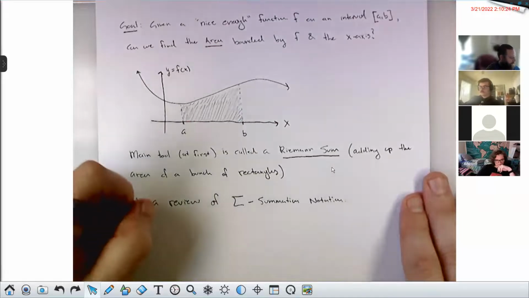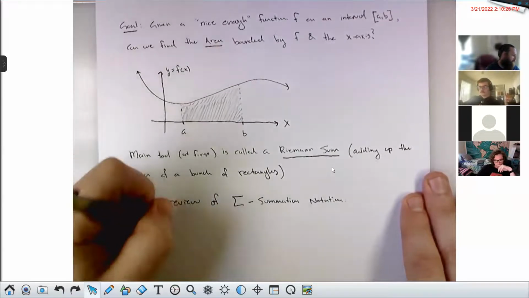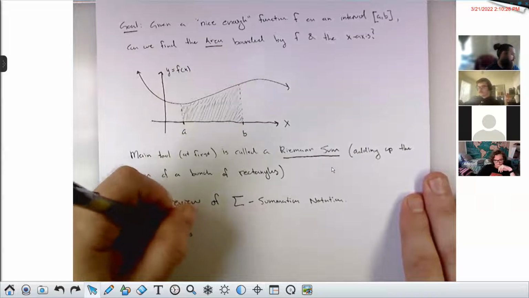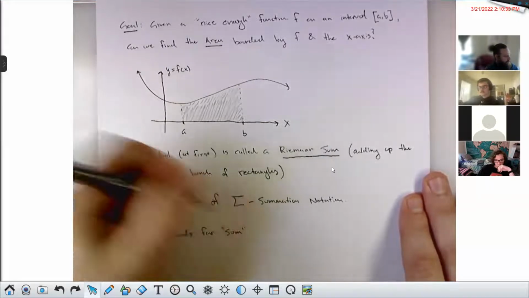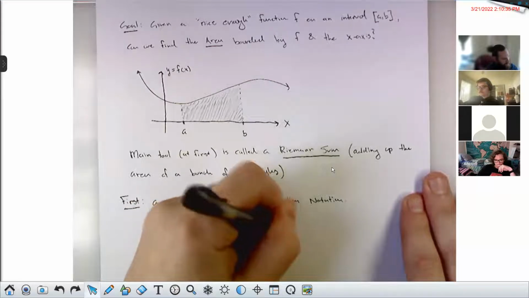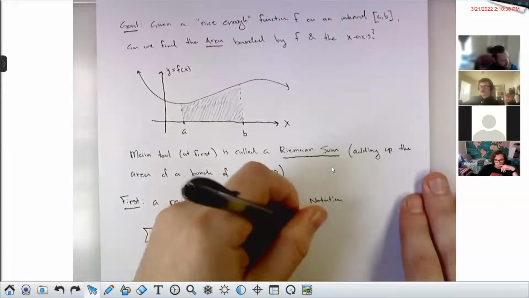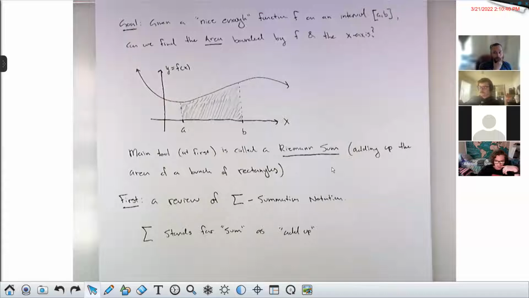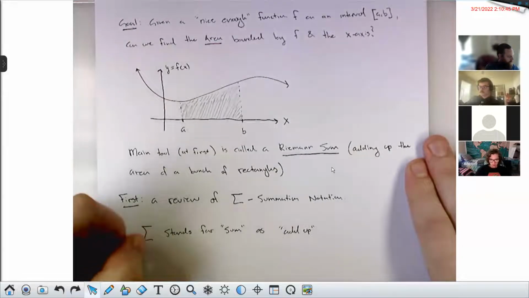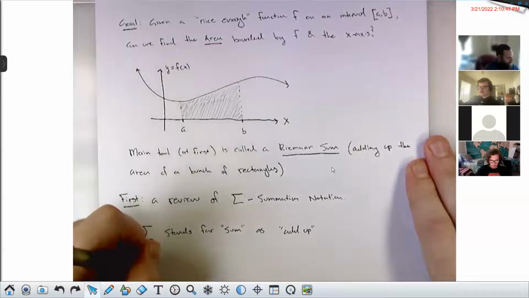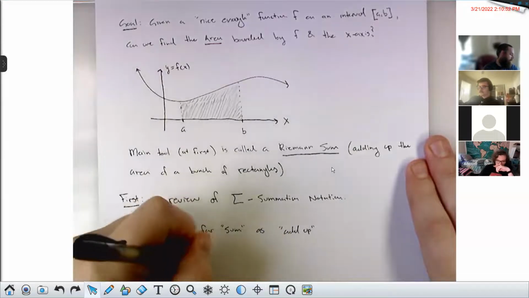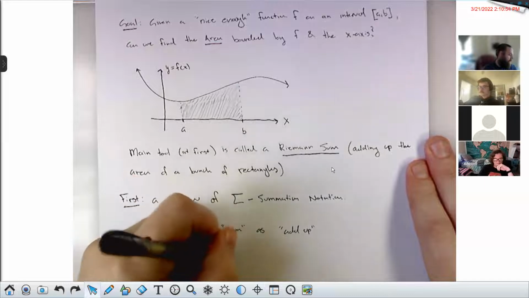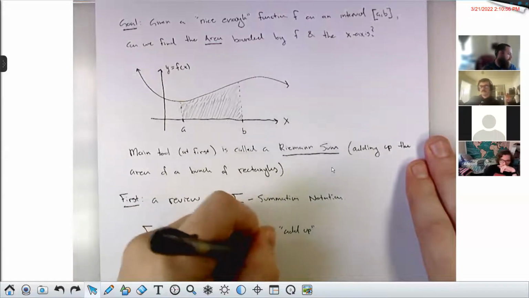And generally it stands for the word sum, as in, to add this thing up. So sigma with some stuff is equal to what you get when you add up all the stuff.